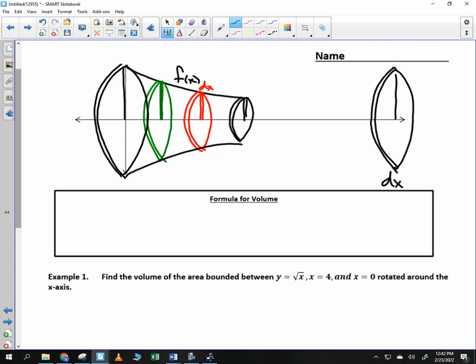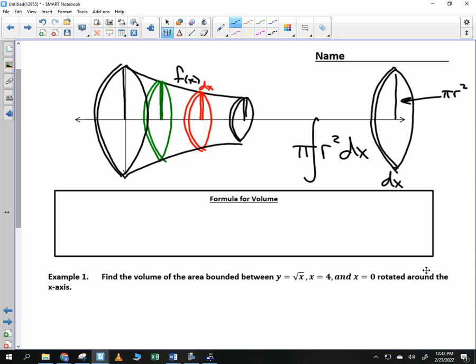So we say pi r squared, and the volume of one of those is pi times r squared dx. That's the volume of one. We don't want one. How many do we want? So we just slap on an integral.